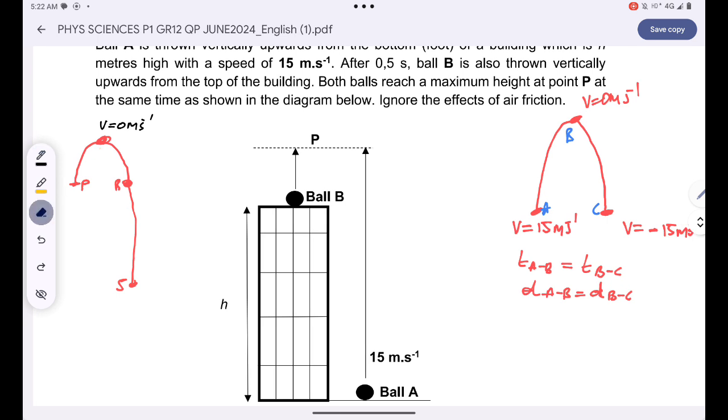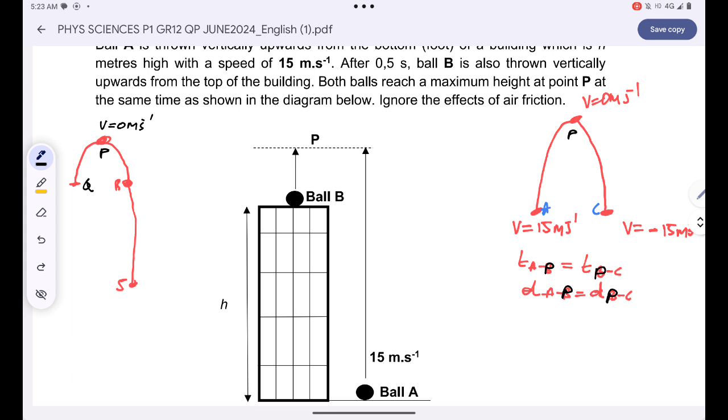Actually, let me call this P. That's Q, P, R. Remember that guys, we were told that both balls reach the same maximum height. Okay, so the maximum height will now be represented by P in all the scenarios.